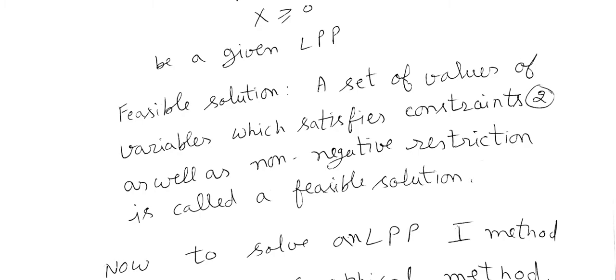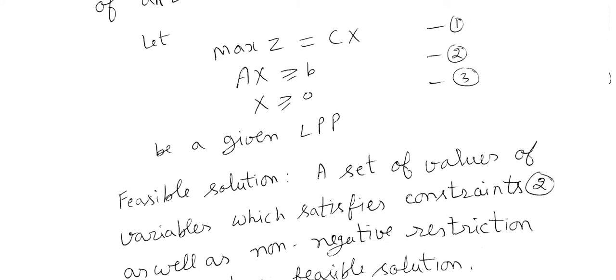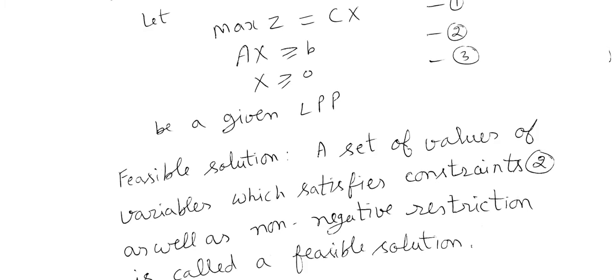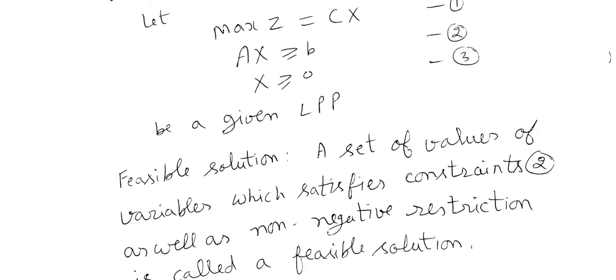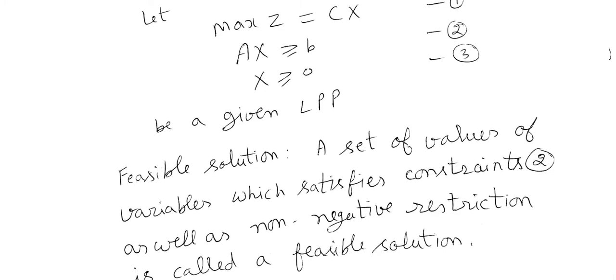A set of values of variables which satisfies constraints as well as non-negative restriction is called a feasible solution of an LPP. That is, values of variables which satisfy number 2 and number 3. Here we are not discussing number 1.